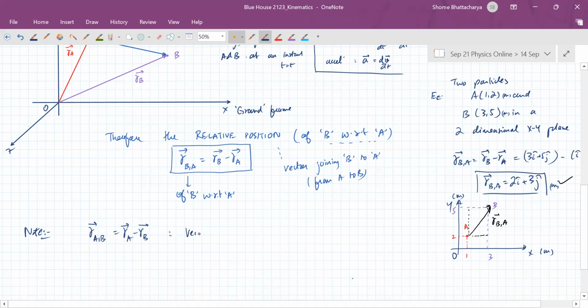That is the vector from B to A. So you can see that the position of A with respect to B is equal in magnitude but opposite in direction to the position of B with respect to A.